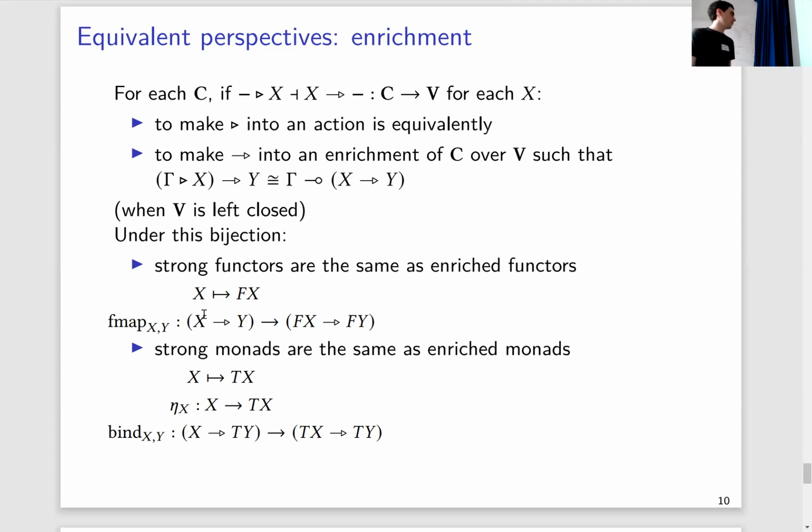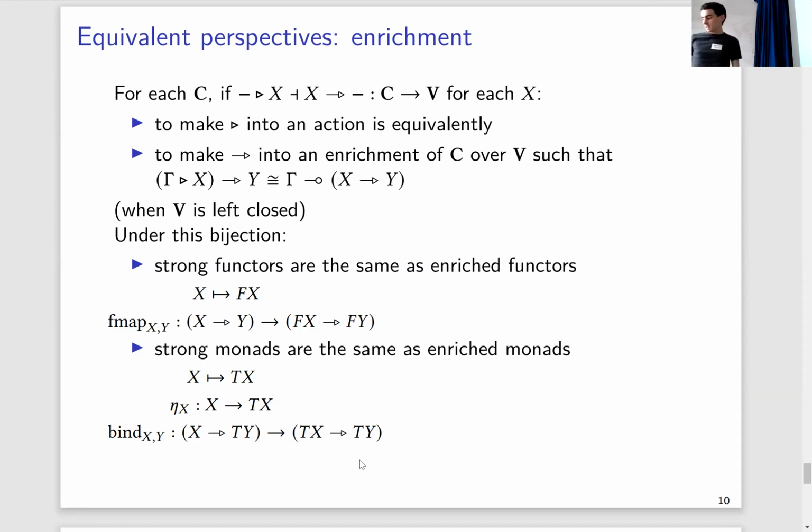And we can do a similar thing for monads, where in particular we get these morphisms bind, which go from X arrow T Y to T of X arrow T Y, satisfying three laws, which are the monad laws.